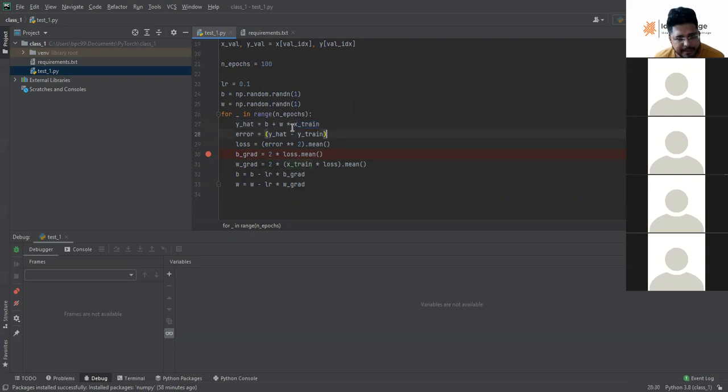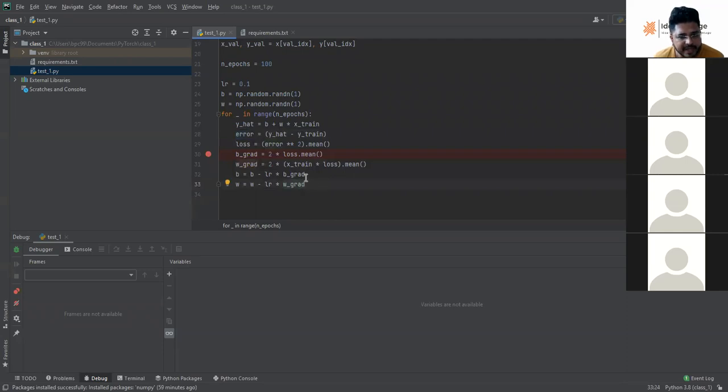Yes. Am I taking a batch of X values? No, I am taking all the values of X to calculate all the values of Y and calculate all the values of loss. Yes. So this is gradient descent. Fully.